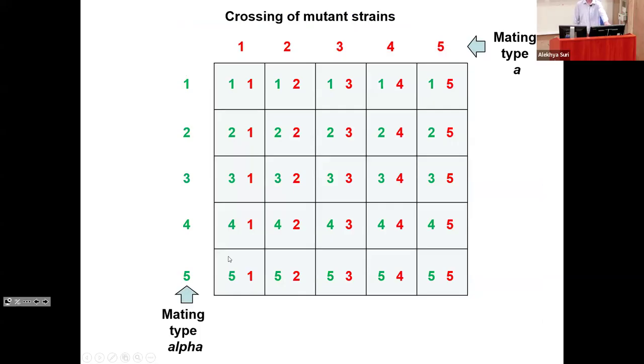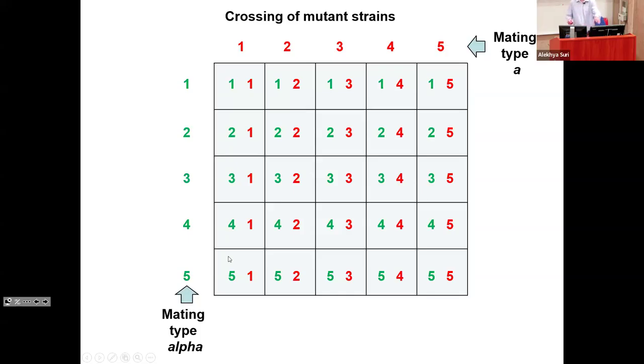This is a scheme. You have mutants 1, 2, 3, 4, 5, and mating type A would be in the first row, and in the column mating type alpha. In this case, there are 25 different combinations, different crosses you can create.